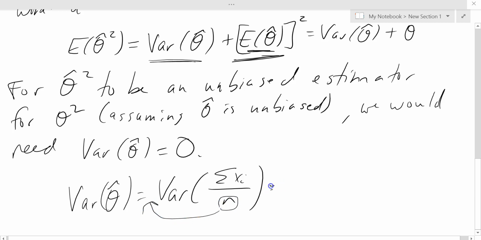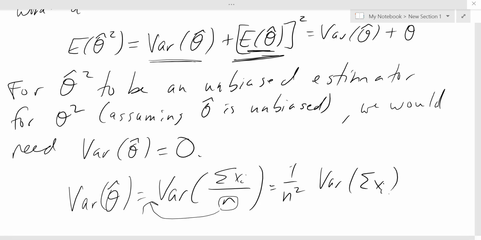Squared, good. 1 over n squared, variance of the sum of the x of i's. Now the x of i's represent a random sample, right? Those are all independent.